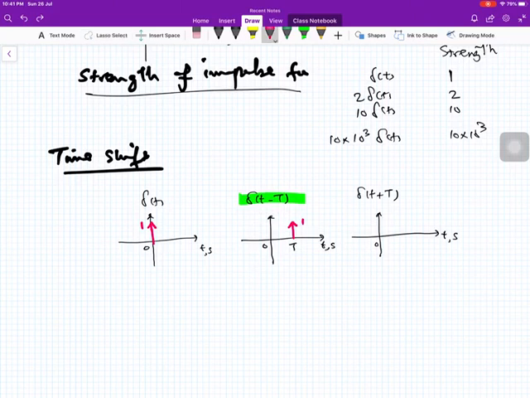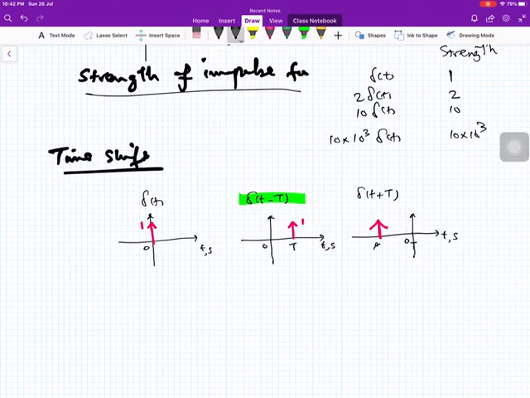It is over here, and if I shift it to positive side by an amount t seconds, it will be like this. So now our origin will be this.